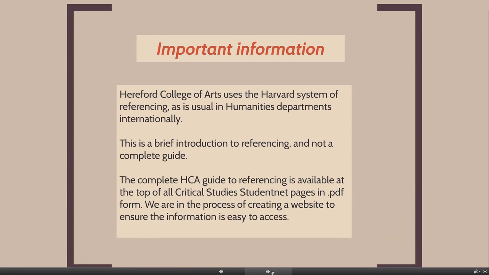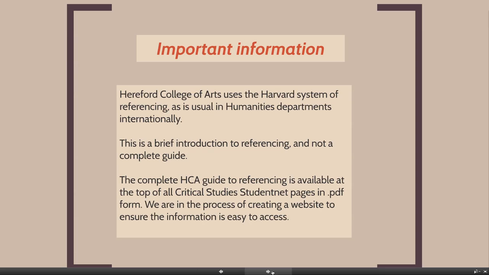Now, the Hereford College of Arts uses the Harvard system of referencing, and this is usual and standard in humanities departments internationally. If you've done a previous degree or different studies at A-level, you might find you've learnt a different referencing system, because there are many sorts of referencing systems, but we use the Harvard referencing system here.